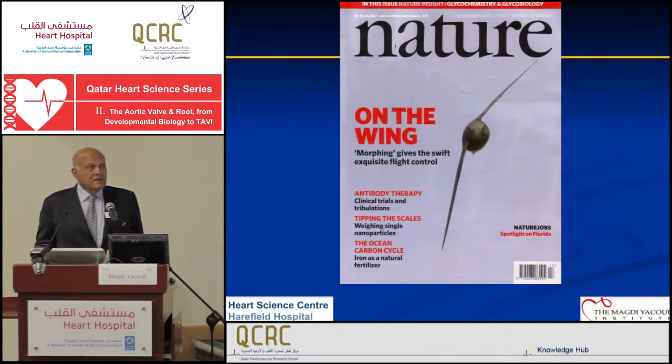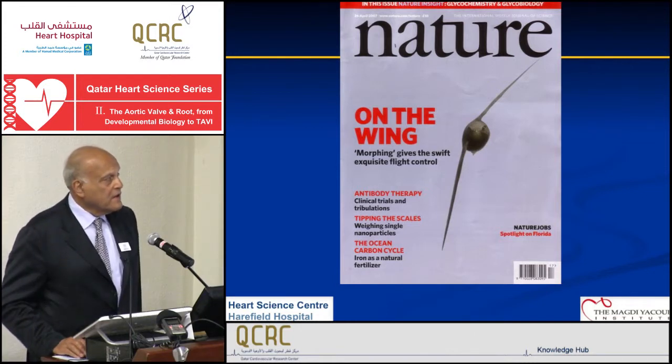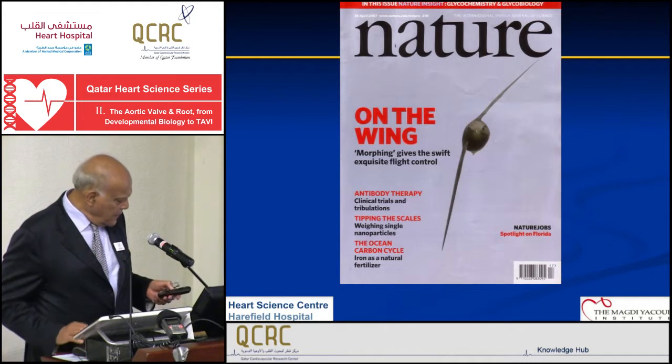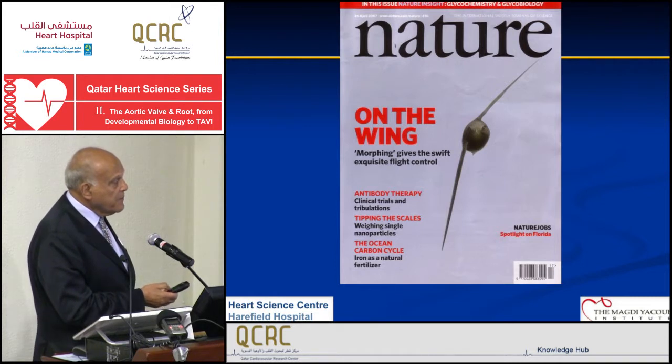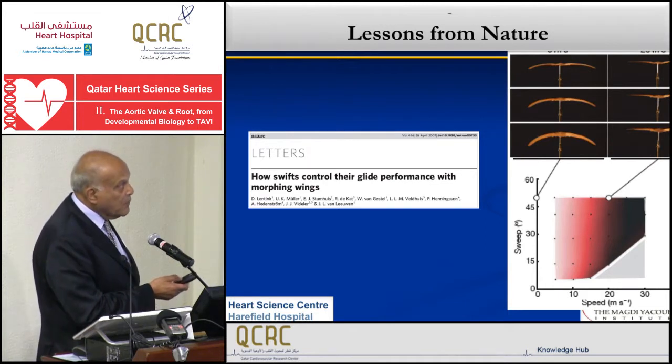And is that important? We think it is, if there is a lesson from nature, because the swift moves the wings in every direction, but importantly, as is said here in this seminal paper, the swift can change the shape of the wings during flight, and that is what is meant by morphing.